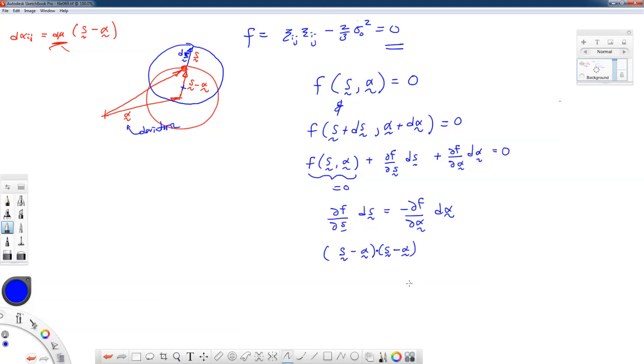You can think of it as a dyadic for tensors, or a dot product if you like to think of these expressed in terms of vectors, and it's convenient sometimes to think of that. But minus some sort of constant, for us the 2/3 sigma naught squared, equal to 0. Alright, so let's take the partial of this with respect to S, and the partial of that with respect to alpha.